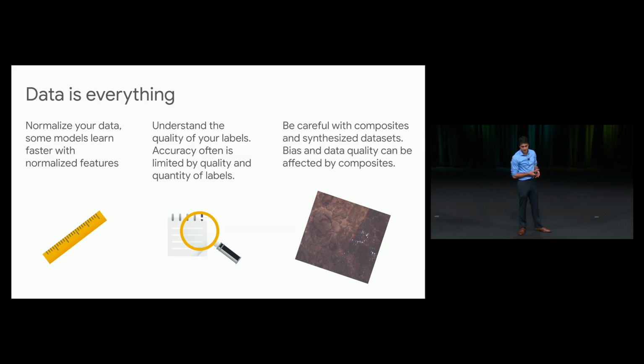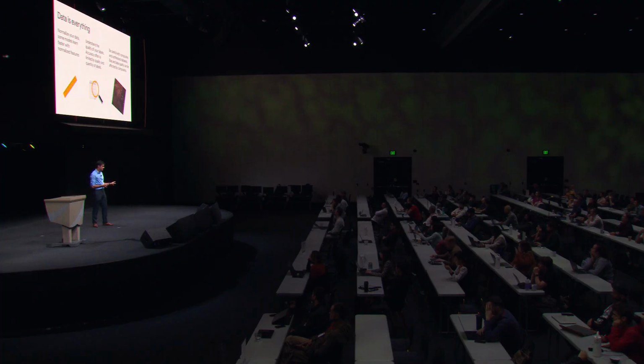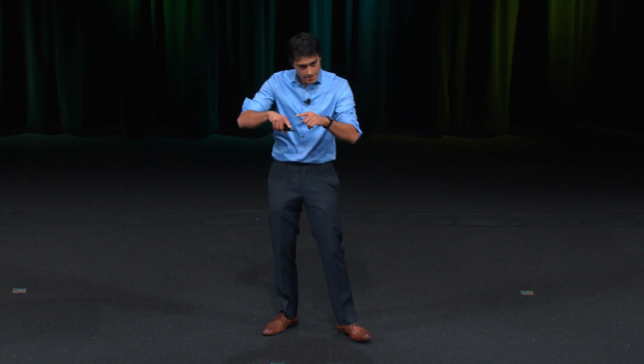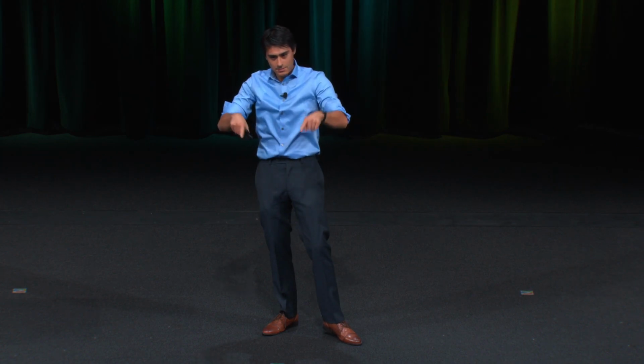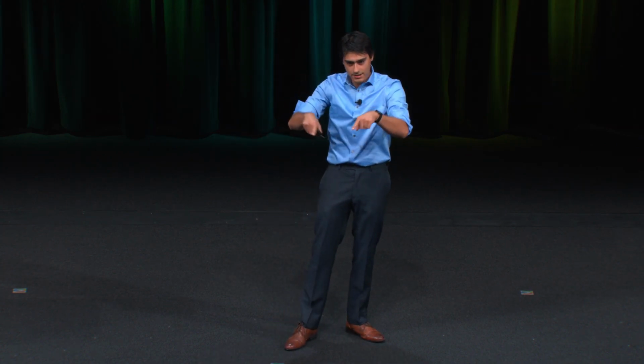And the last one is be careful with composites and with imagery in general. For example, how many of you have used Sentinel-2 imagery at all? A lot of you. But did you know that if you just try to use every single scene of Sentinel-2 imagery, you're going to get double counting on some of the edges? They make this data product gridded in certain cells, but there's sometimes a little bit of overlap in the imagery.